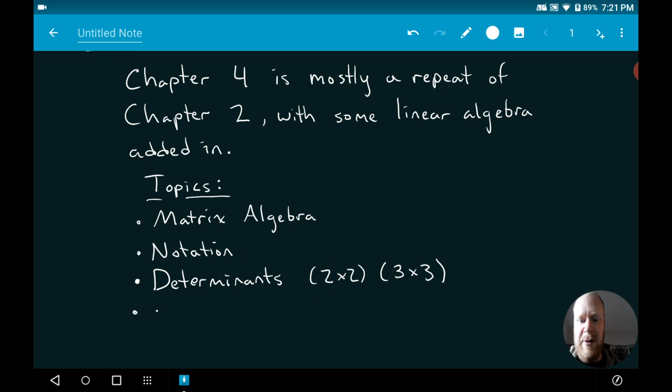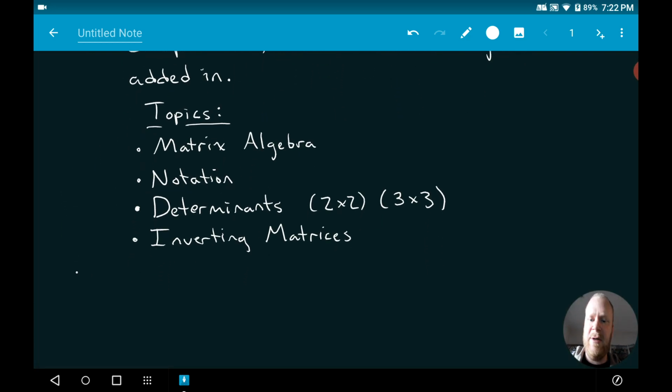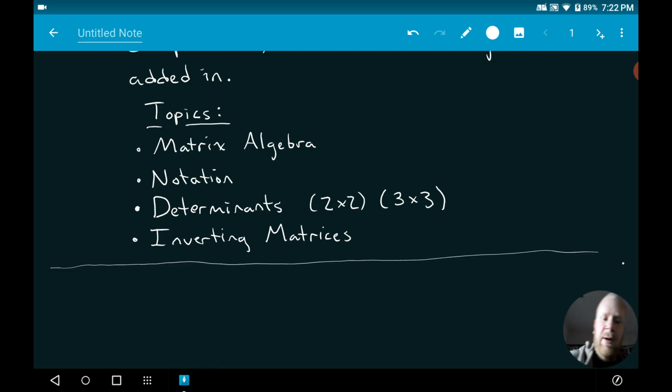And also talk about inverting matrices. That's sort of a part of matrix algebra. Okay, this is not a complete list of what I'll be talking about, but that's sort of the main topics that I'm going to be going over.